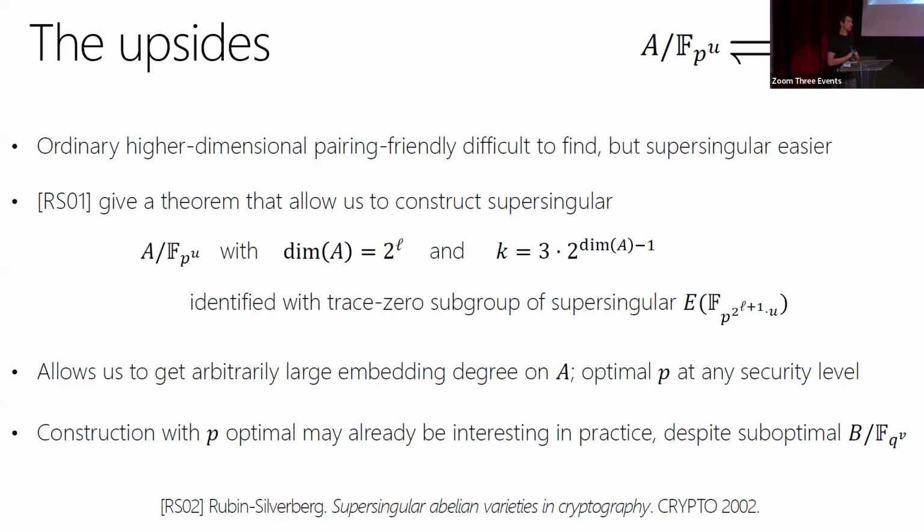There was work that did it, but they were really suboptimal, with bad rho values for anyone in the know. So they were even more difficult to construct than the elliptic case. But in the supersingular case, it's a lot easier. There are ways where we can write down a supersingular high dimensional variety over F_P or some extension of F_P.